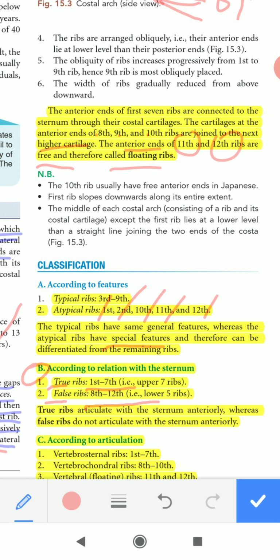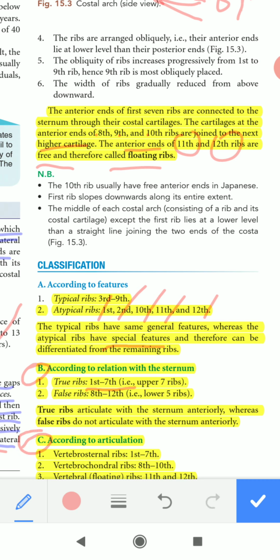That means 11 and 12 are floating, and 8, 9, 10 are attached to the sternum with the help of the costal cartilage of the above costal cartilage. Okay, so those which are directly attached with the sternum are the true ribs, and those which are not are known as false ribs. Okay.